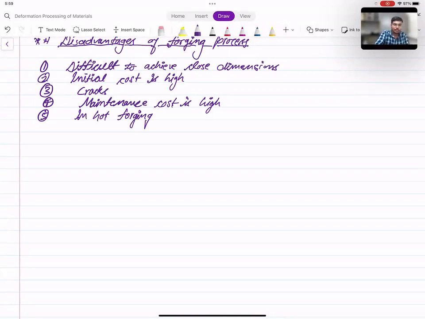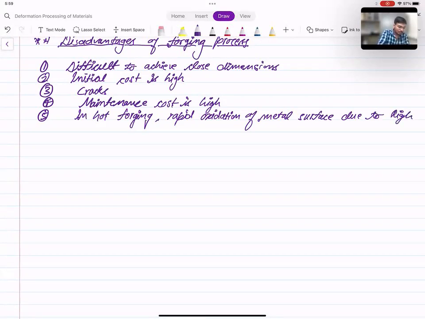So in hot forging, rapid oxidation of metal surface occurs due to high temperatures.